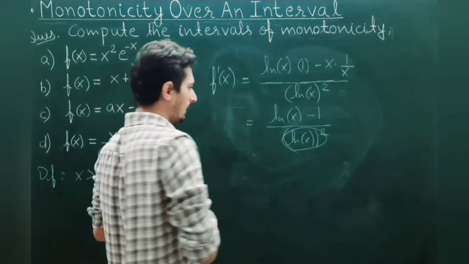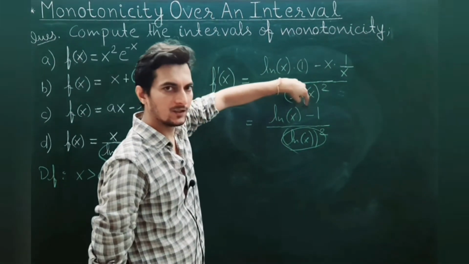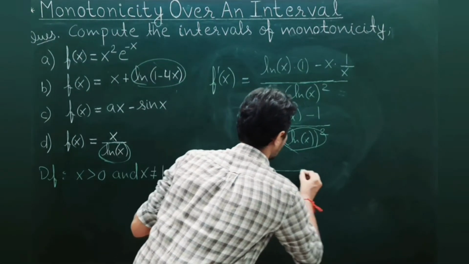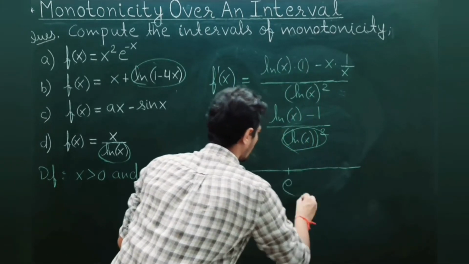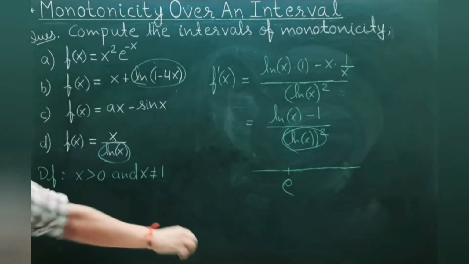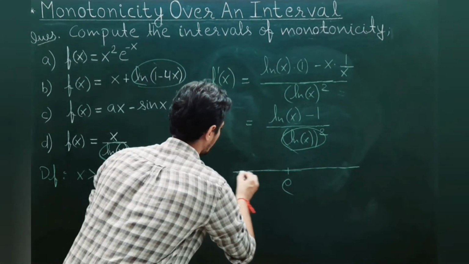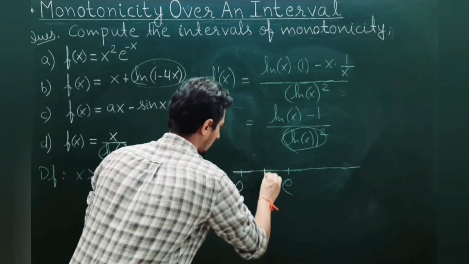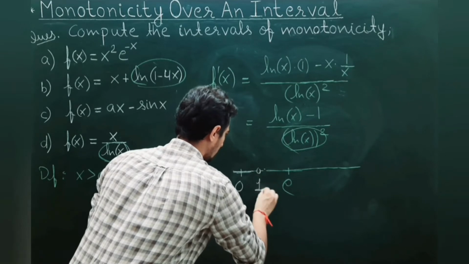So this numerator ln x minus 1 is 0 at x equals e only. Okay, so we have only one zero, which is e. And if I look at the domain, I know that x must be greater than 0 and x must not be equal to 1.